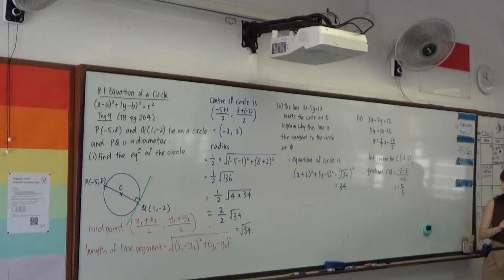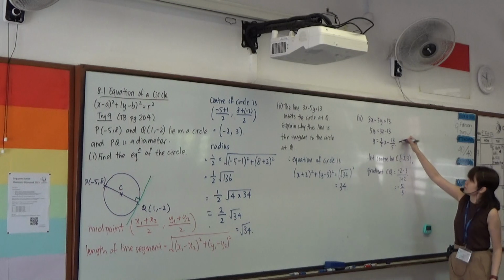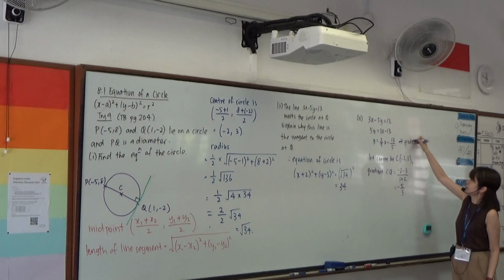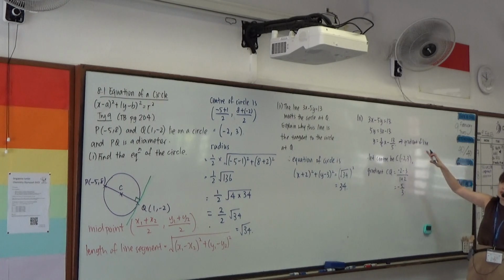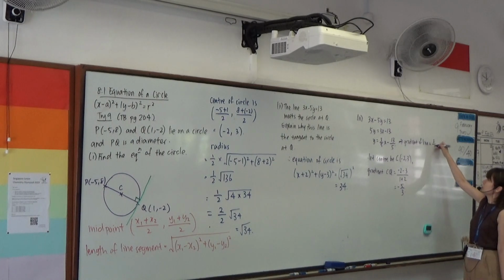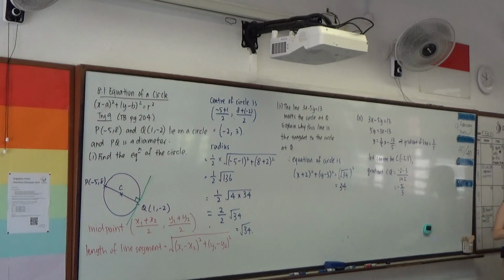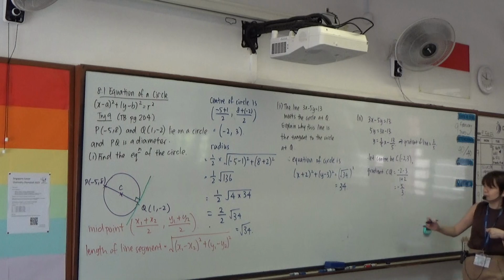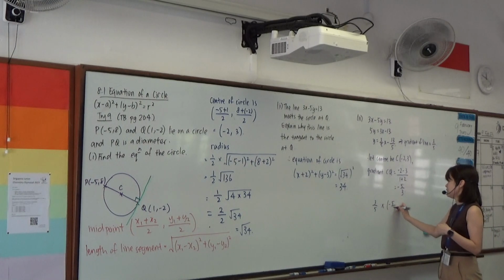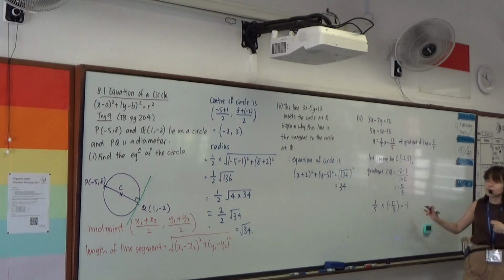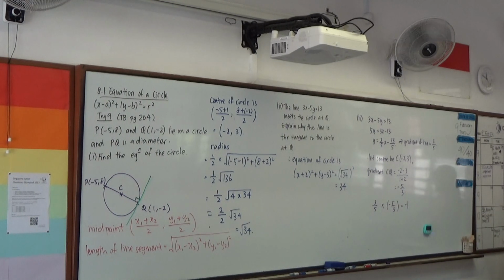And we find that it is negative 5/3. Sorry, so this down here is the gradient of the line, not yet the tangent, we haven't proved it yet. It's 3/5. It is critical that we write down 3/5 times negative 5/3 equals negative 1 to show that the product of gradients equals negative 1.